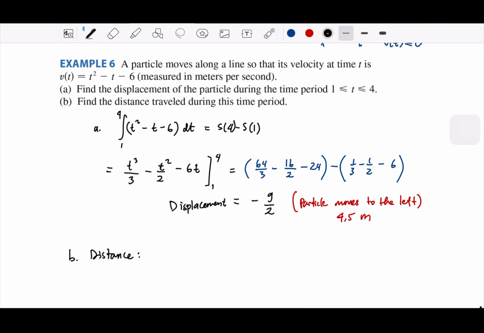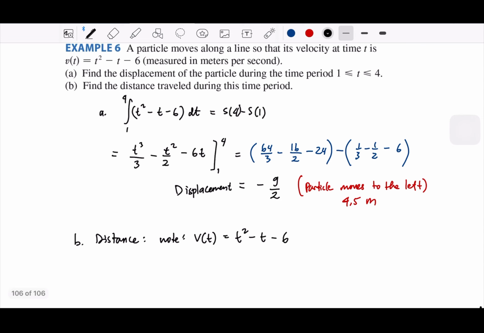Now for the distance, note that v(t) is t squared minus t minus 6.